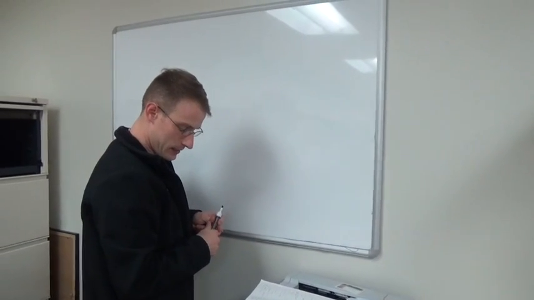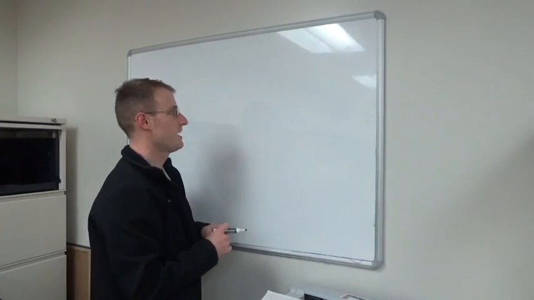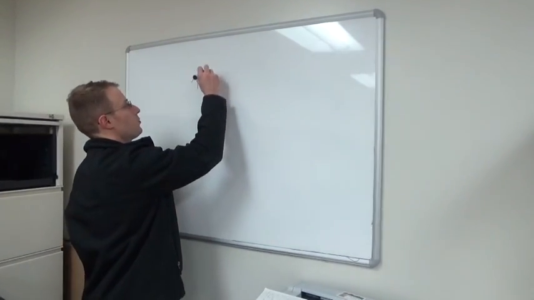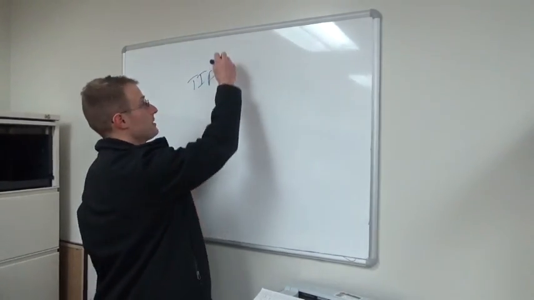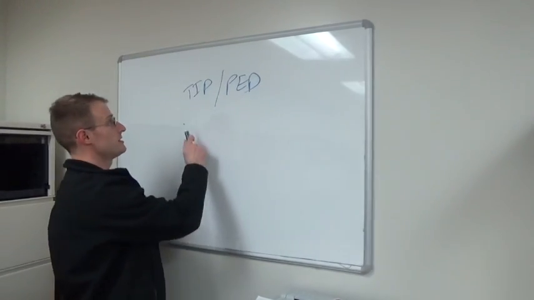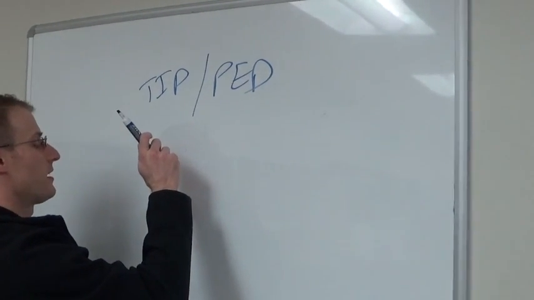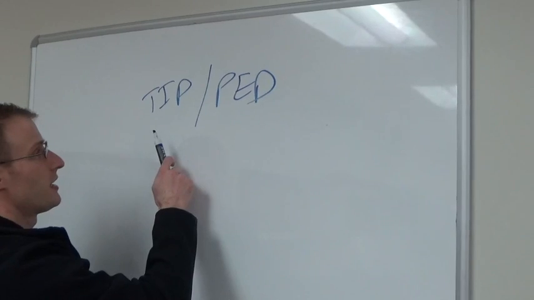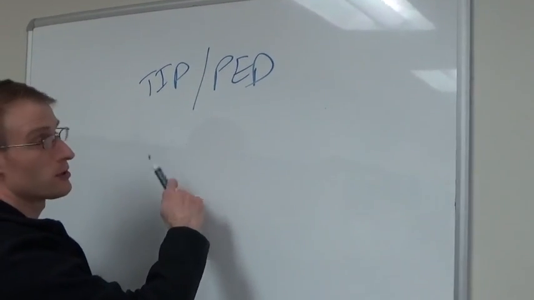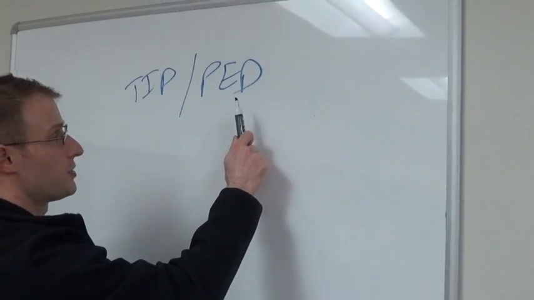Next, 2 quick innervation things. When you're remembering the innervation of the foot, remember TIP and PED. That's the tibial nerve causes plantar flexion and inversion, whereas the peroneal nerve causes eversion and dorsiflexion.